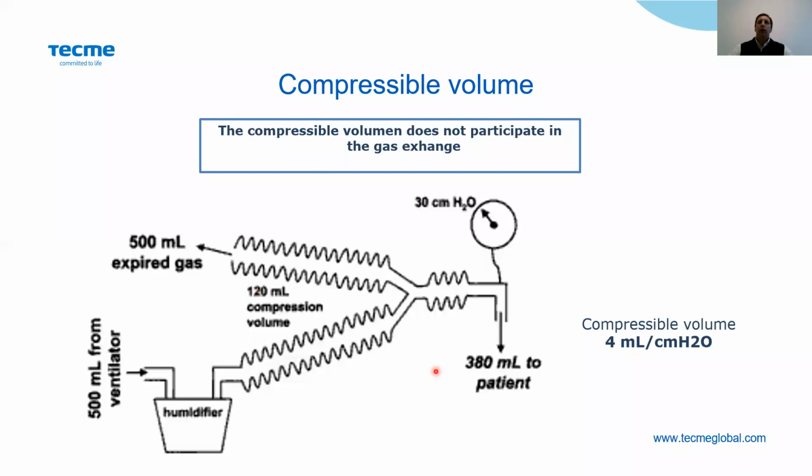It will be only 380 milliliters of tidal volume. So in order to avoid this situation in which the patient gets lower tidal volume than the one I have set, the machine is going to do this volume compensation. In order to do this volume compensation, the machine has to measure properly the compliance and the resistance of the patient circuit.